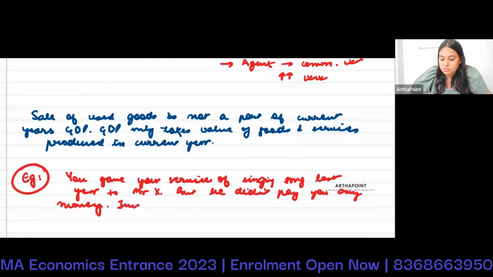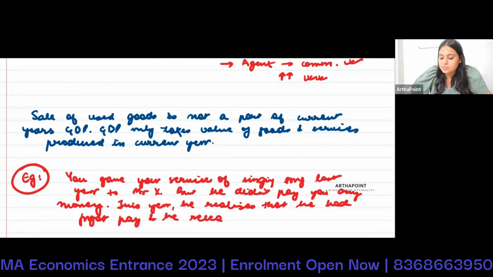This year, he realizes that he had forgot to pay, some case study like this, and he releases rupees 5,000 in your account.